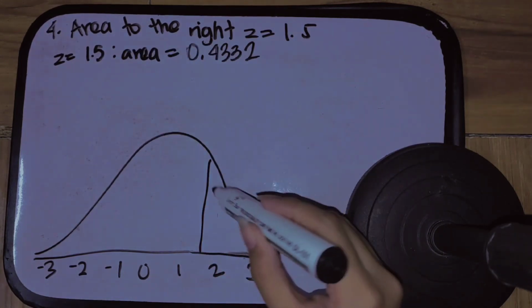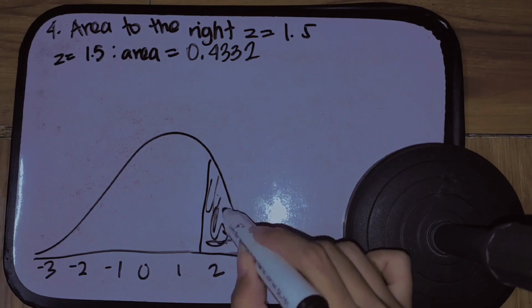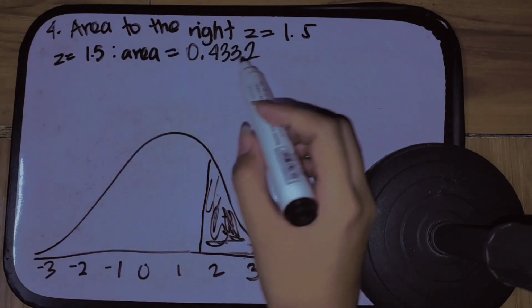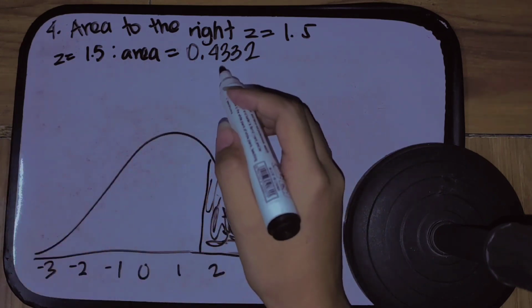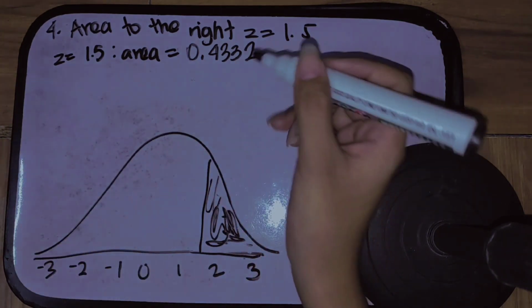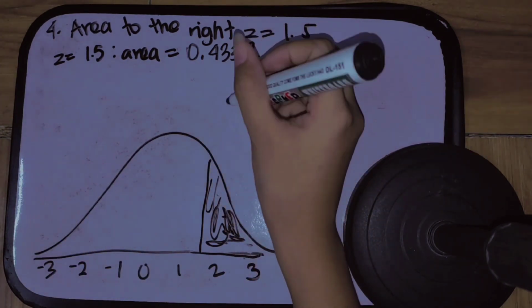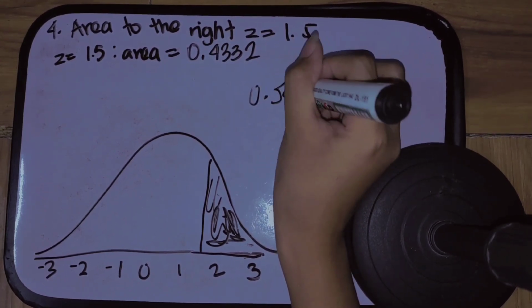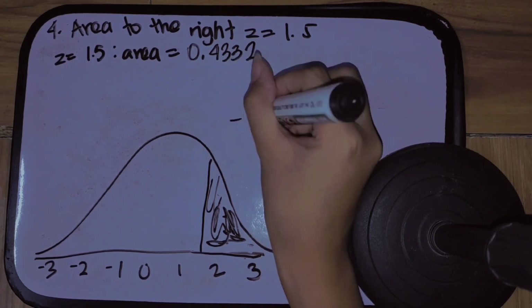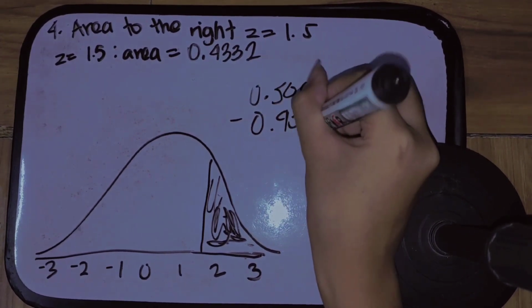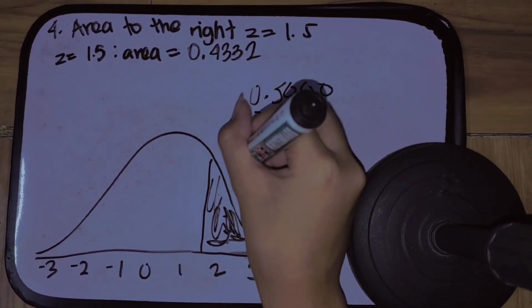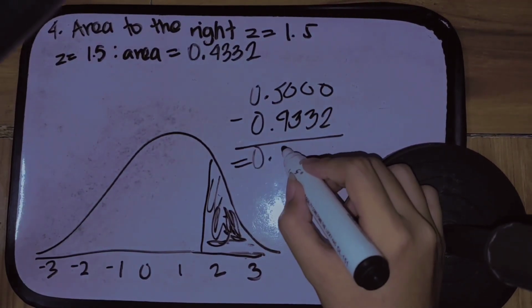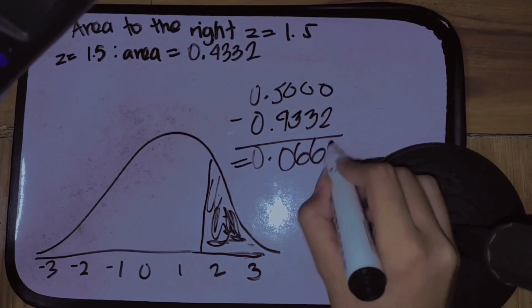Since sabi to the right, ito ang shaded part. Dahil ang sabi dito, to the right, babawasan ulit natin yung 0.5. So, 0.5000 minus 0.4332 equals 0.0668.